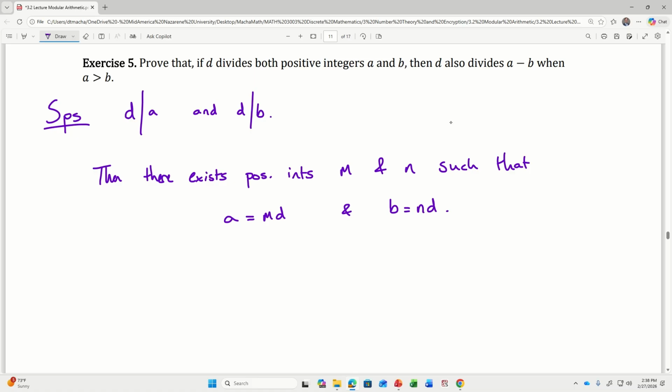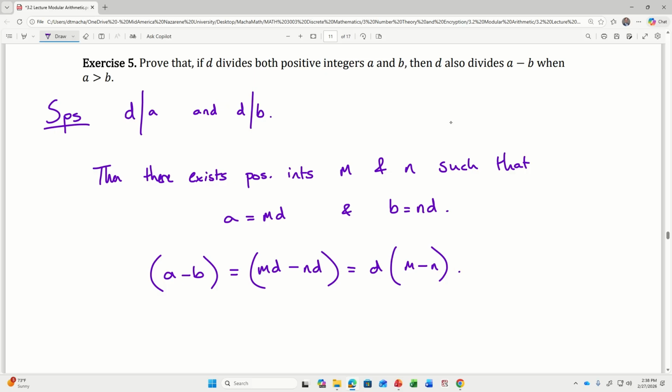So whenever I have a minus b, this would be the same thing as md minus nd. And since we have the distributive property, we can factor out the d and get d times (m minus n).